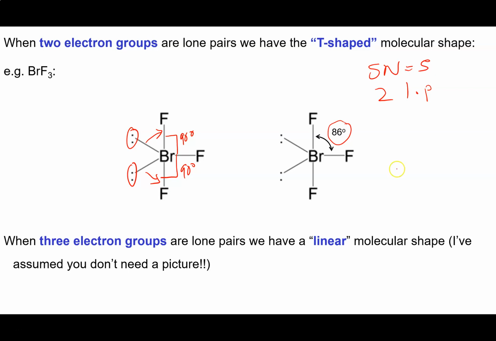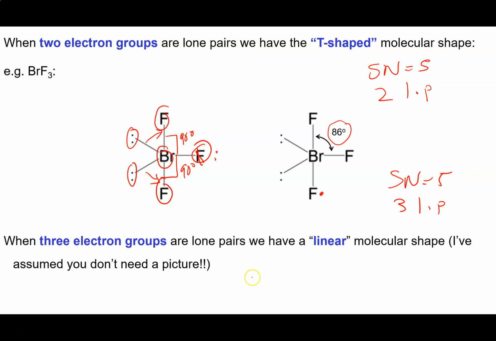Now, if we had steric number equals 5 and 3 of our electron groups were lone pairs, then you can just see that what we're going to end up with is it's going to go in here. It's easy to see on this molecule. It's going to go in there, and we'd be back to a linear arrangement, wouldn't we?